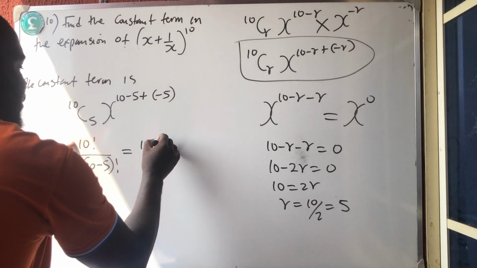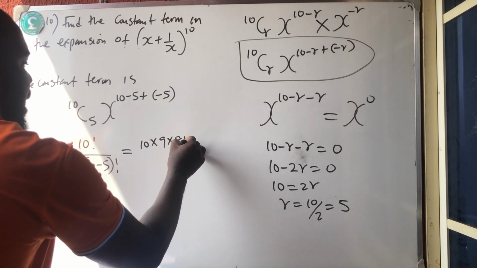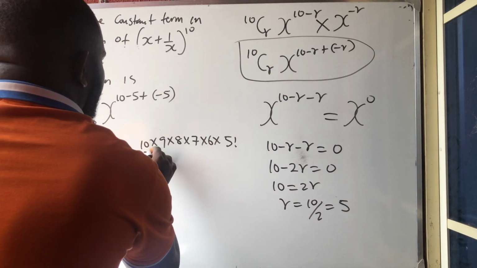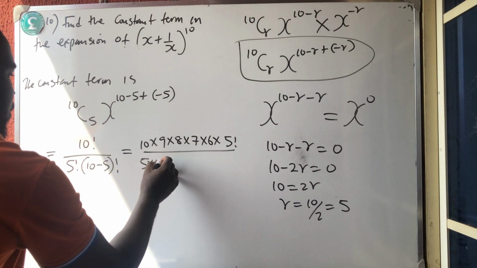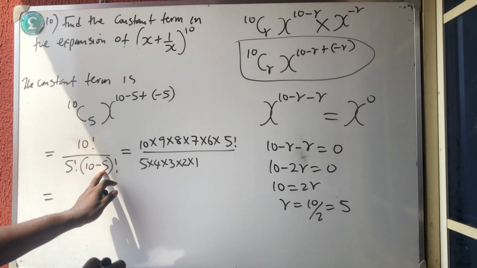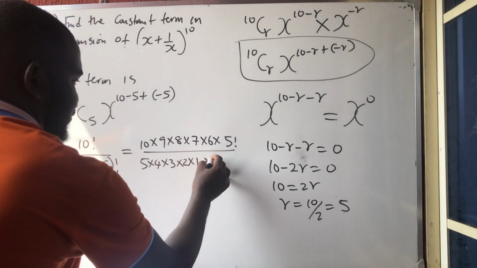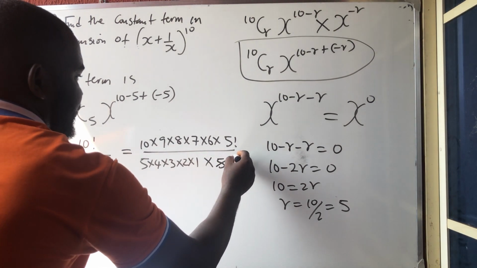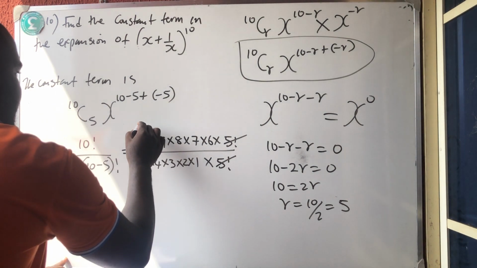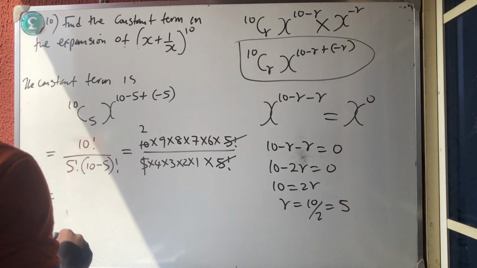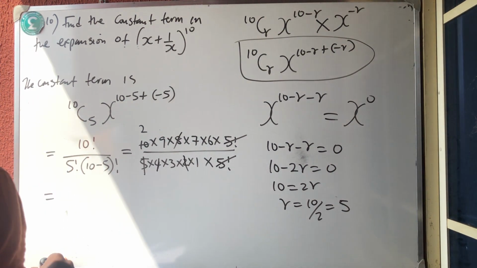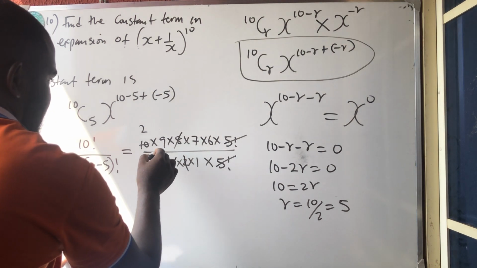So I'm having here 10 times 9 times 8 times 7 times 6 times 5 factorial all over 5 times 4 times 3 times 2 times 1 for this one. And 10 minus 5 is 5, so 5 factorial again. So 5 factorial will cancel 5 factorial. 5 divides 10 to give 2. 2 times 4 is 8, it will cancel this 8. And 3 will cancel here.